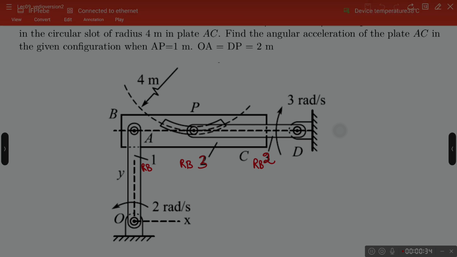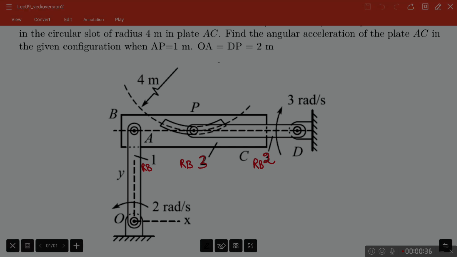Those have been marked RB1, RB2 and RB3. This assembly is constrained from 2 different sides.